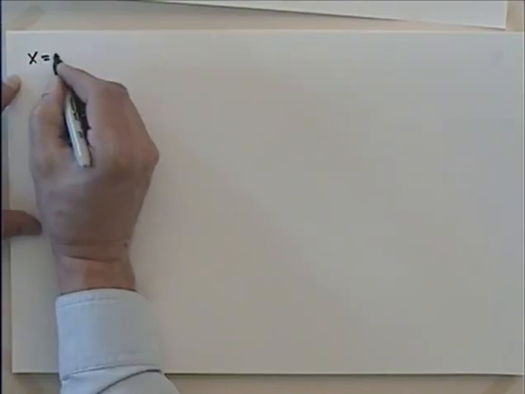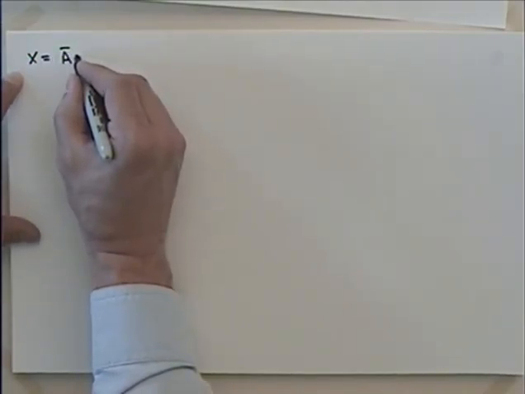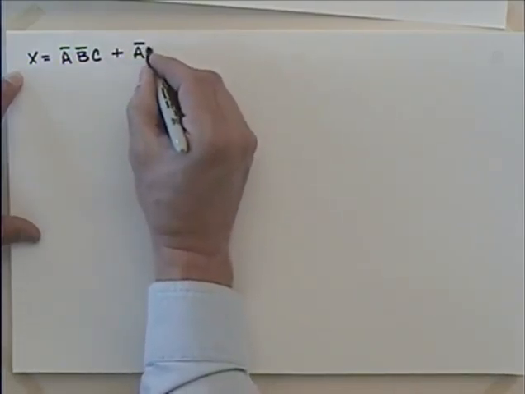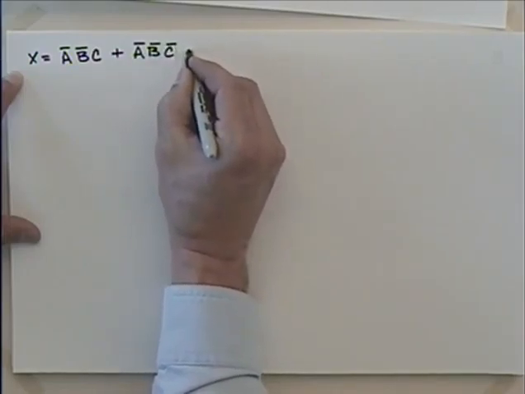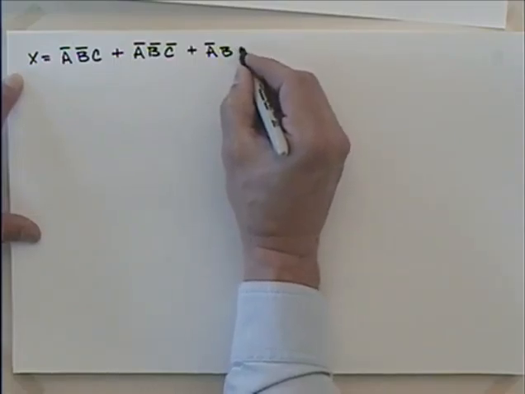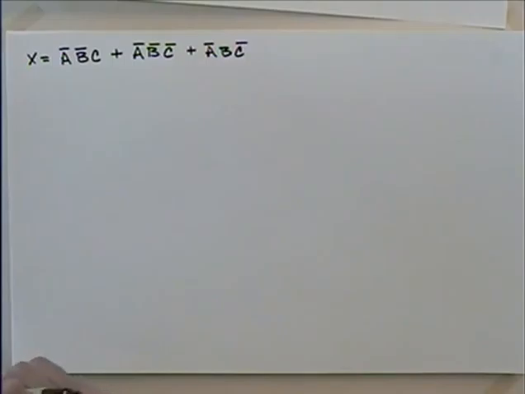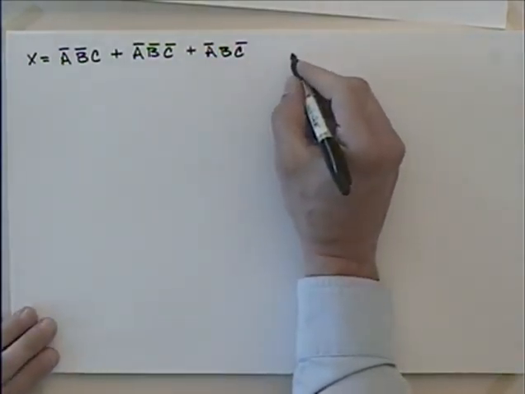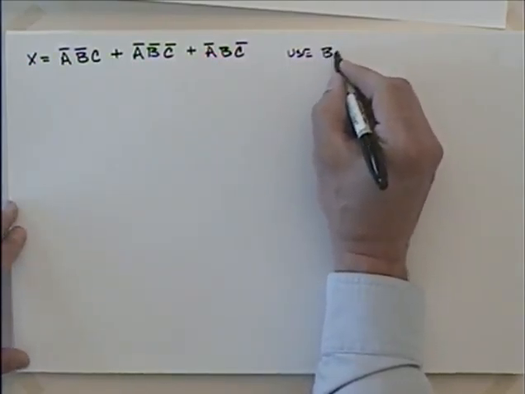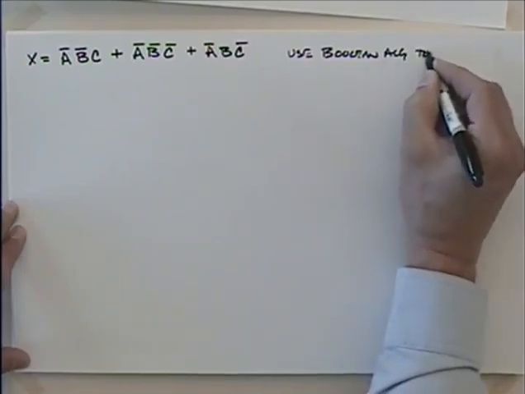We'll say that our output x is equal to not A and not B and C, or not A and not B and not C, or not A and B and not C. So I'd like to reduce this. Okay. So use Boolean algebra to reduce.